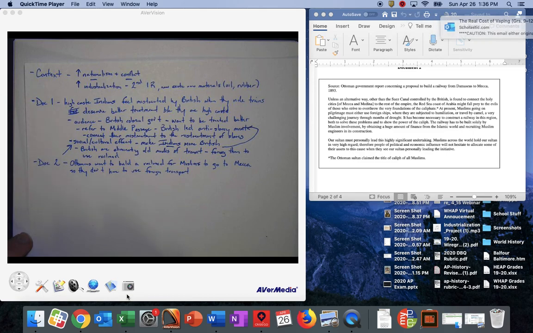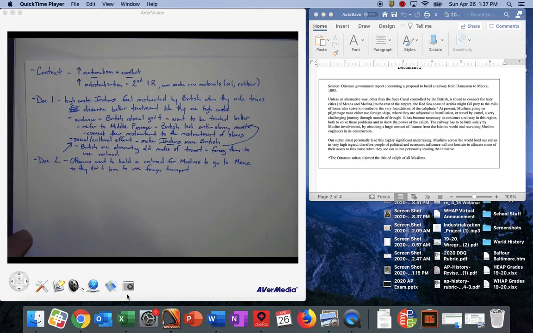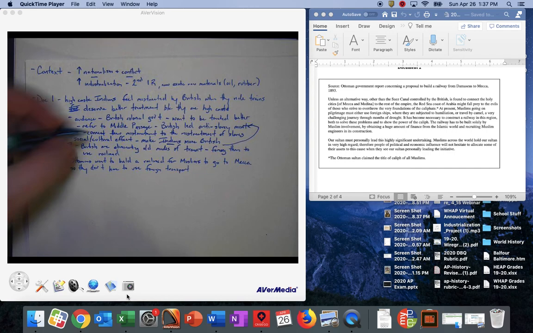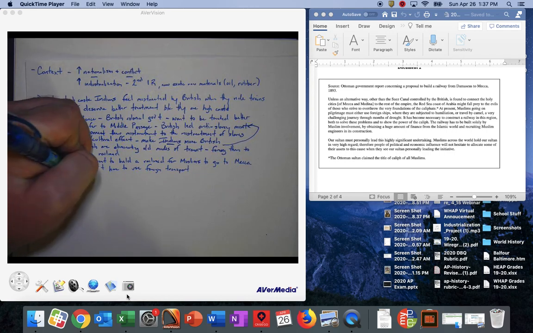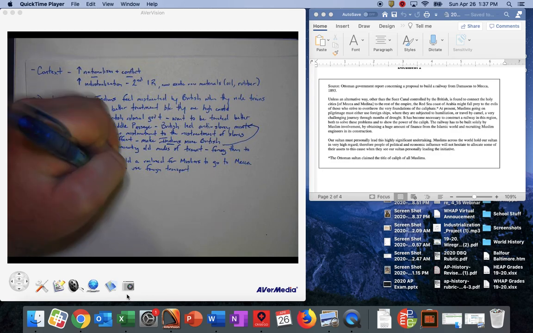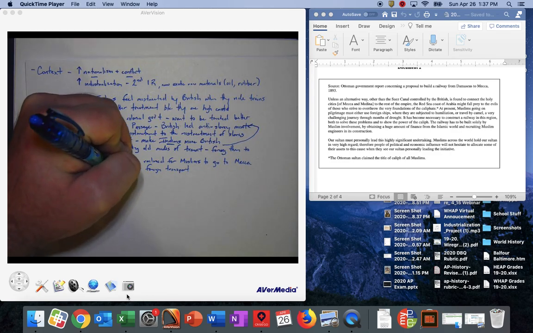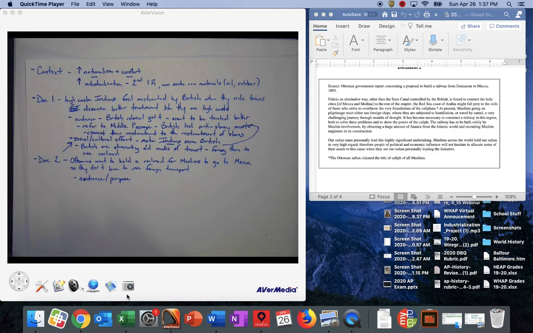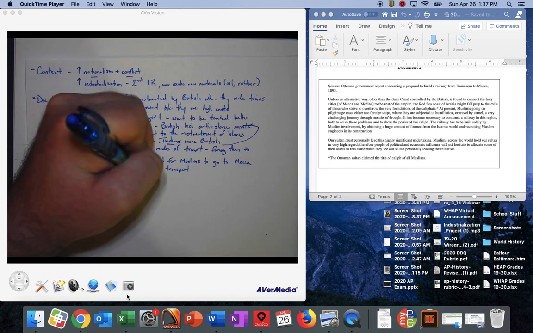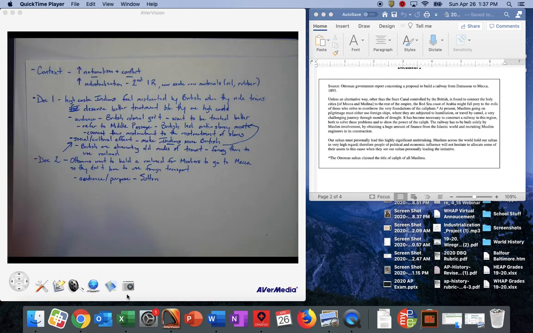So we also want to answer one of the sourcing questions. Again, I think the audience or the purpose is probably the best way to go here. The audience and the purpose here kind of go together. So the audience here is the Sultan, the Ottoman Sultan. And we want to address the Sultan for a couple of reasons.